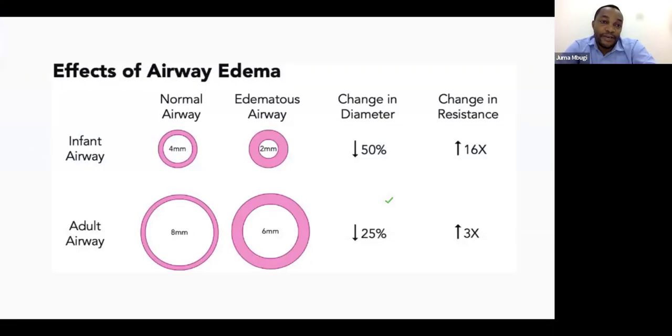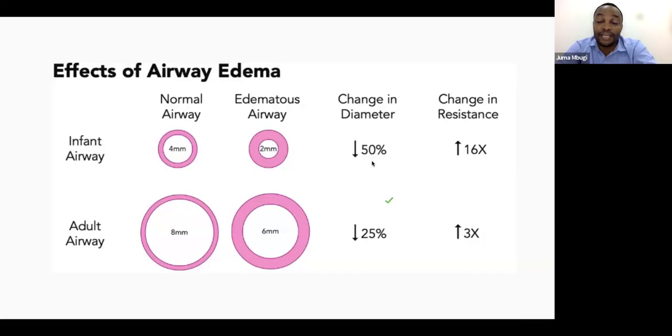So this is the effect of airway edema in infants and children compared to that of an adult. The normal airway is approximately 4 millimeters, and whenever it becomes edematous, it's almost down by 50%, and the airway resistance becomes 16 times higher. Unlike in adults, whereby the airway is about 2 times larger, 8 millimeters, and when it becomes edematous, it becomes maybe 6 millimeters, but it depends on the extent or severity of the inhalation injury.